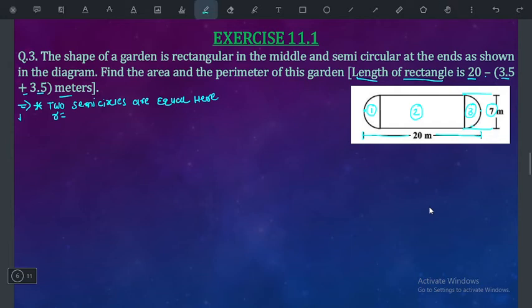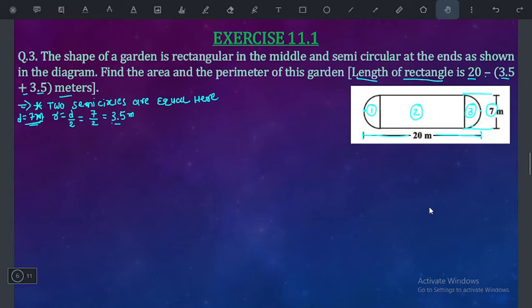First of all, we write down the diameter is 7 meter, and we know how to find the radius from the diameter. The formula of radius equals diameter divided by 2, and the diameter is 7, and 7 by 2 equals 3.5 meter. It is our radius of the semicircles.